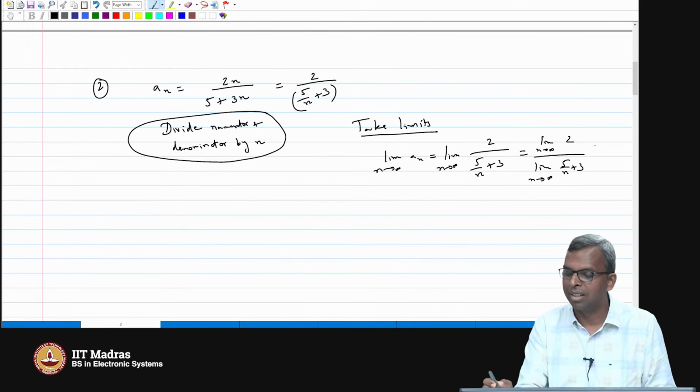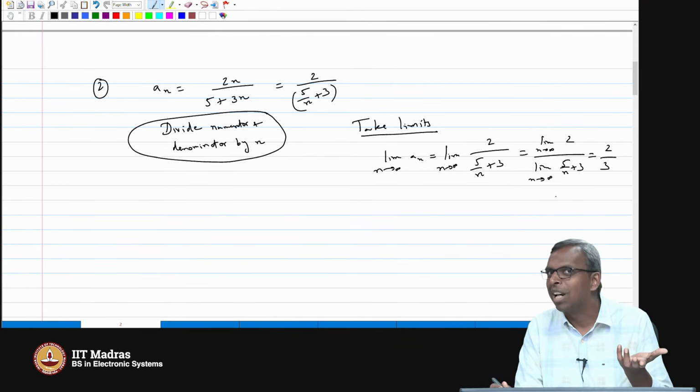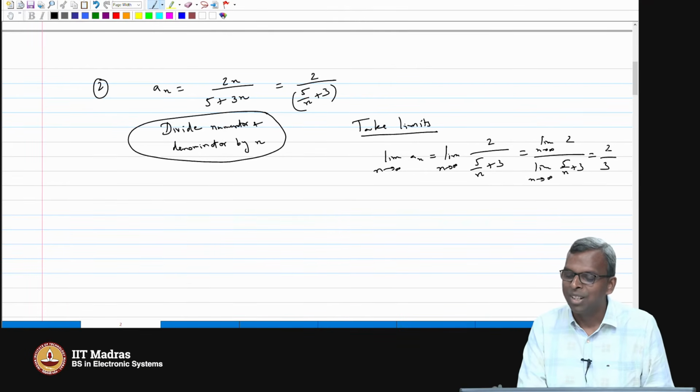What is the limit of this guy going to? 2. Then 3 plus 5 by n, we saw a variation of this, so it's just 2 by 3. You see how again the limit will distribute over addition, the limit of 5 by n, then the scaling 5 comes out, then that's 0, then you have 3. I'm not writing all those steps, hopefully you see that. So it becomes 2 by 3 finally.